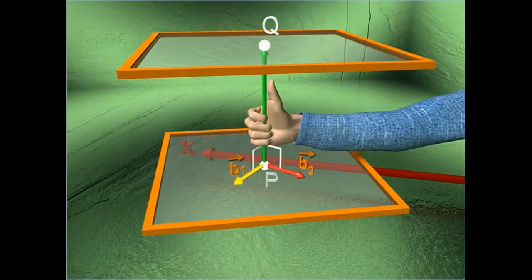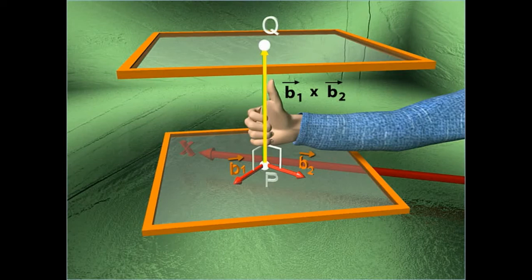Vectors B1, B2 and PQ form a right-handed system. Thus, vector PQ is along vector B1 cross vector B2.